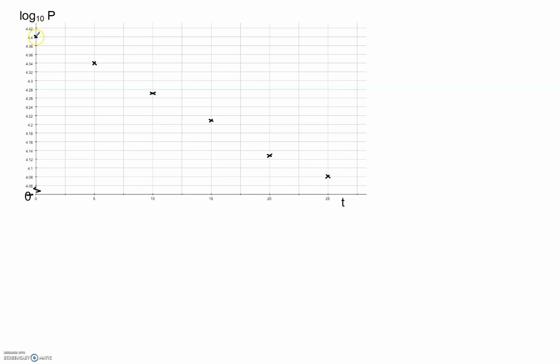So if I draw in a line of best fit and try and make it so that there's a sort of even amount of space on one side and the other, so we'll put it there. And we need to find the gradient and the y-intercept of this line.